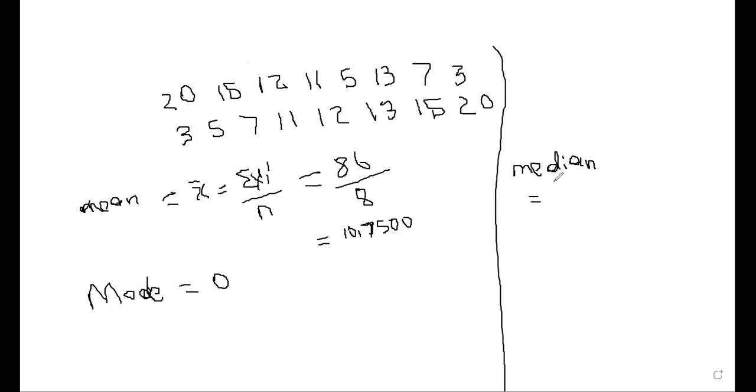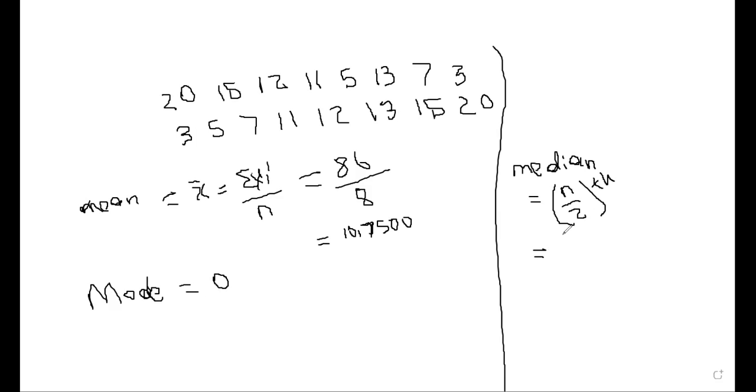So if it's even, meaning we are going to say n divided by 2, then we're going to use this position to determine our value in our data set.